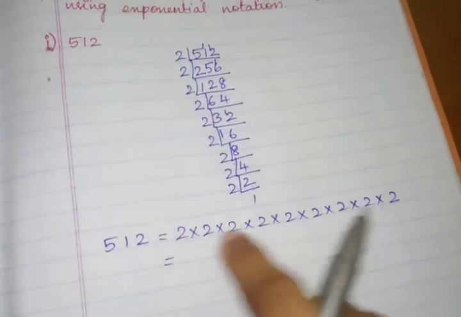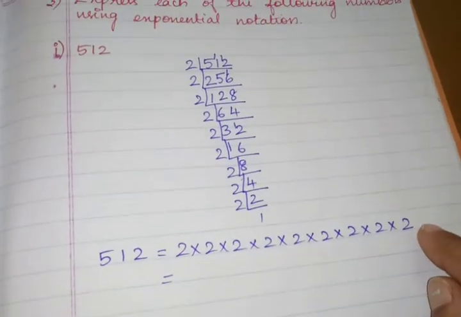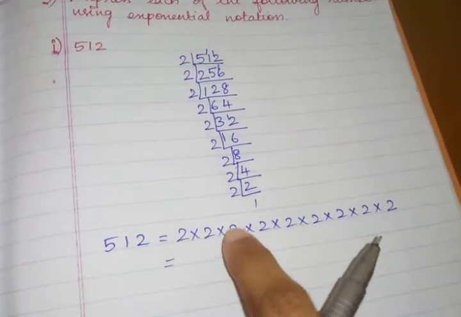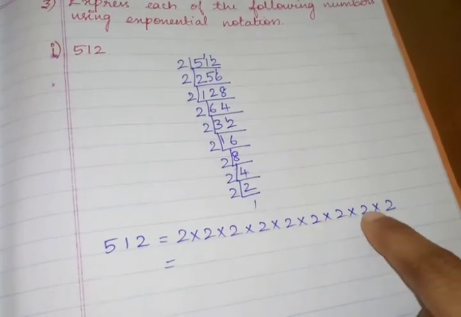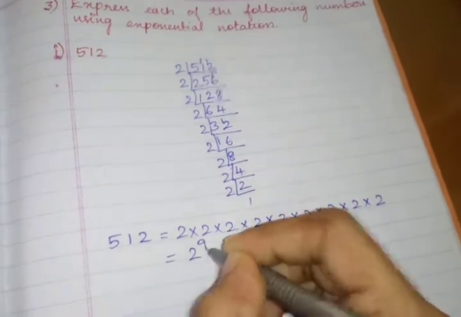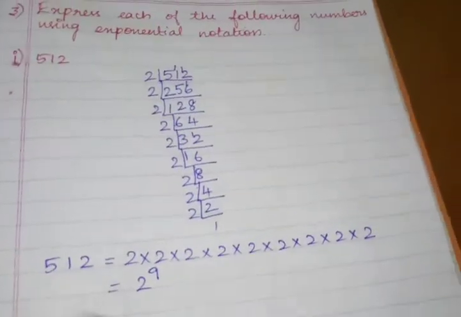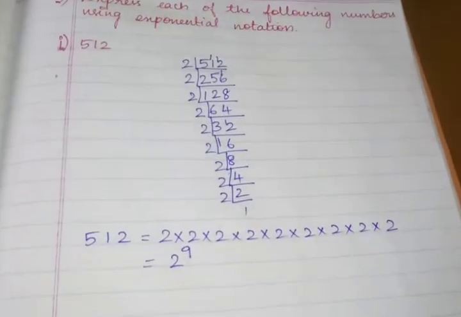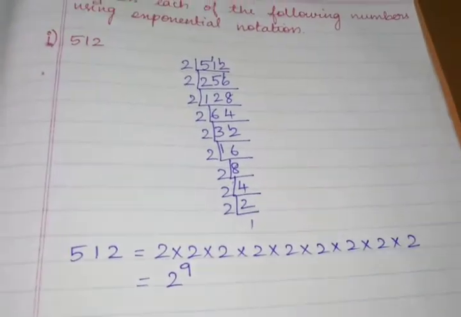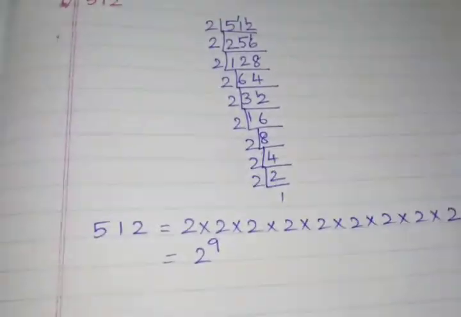So how many 2s are used here, children? 9 2s are there. So 2 power 9 is the exponential form for 512.